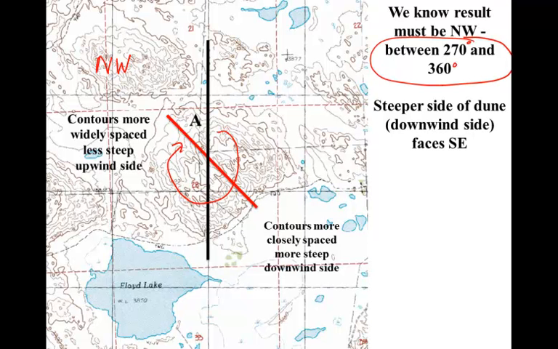And the reason we know our result has to be in the northwest quadrant is that the dune is asymmetric, more closely spaced contours, steeper on the downwind side, and more widely spaced contours on the upwind side. In other words, the wind that made this dune came from that direction.